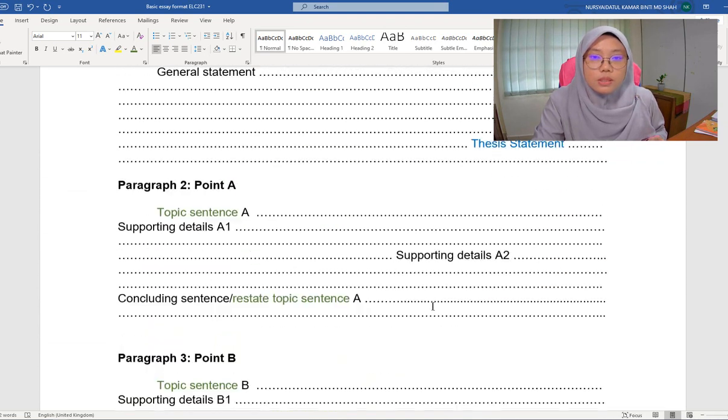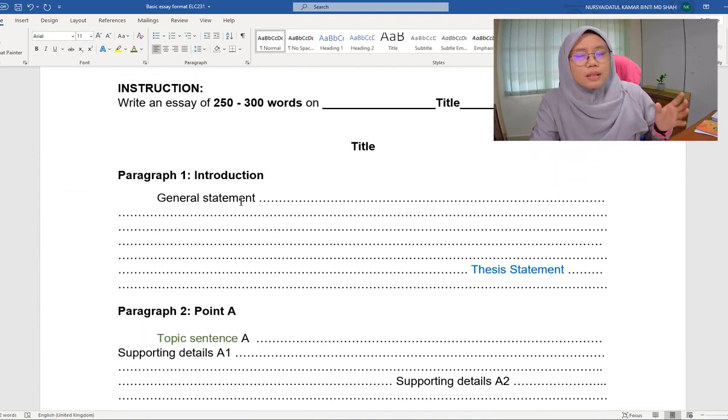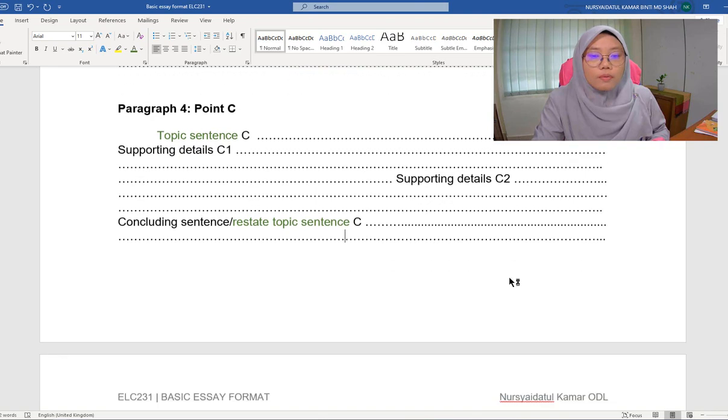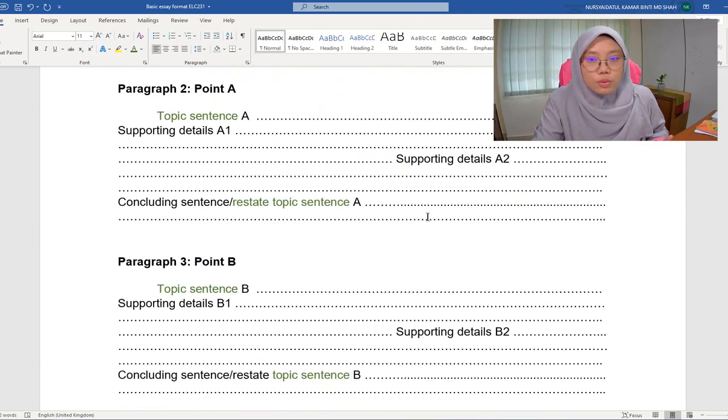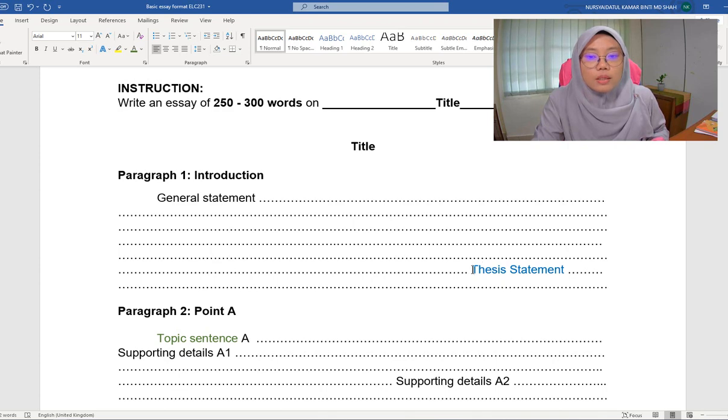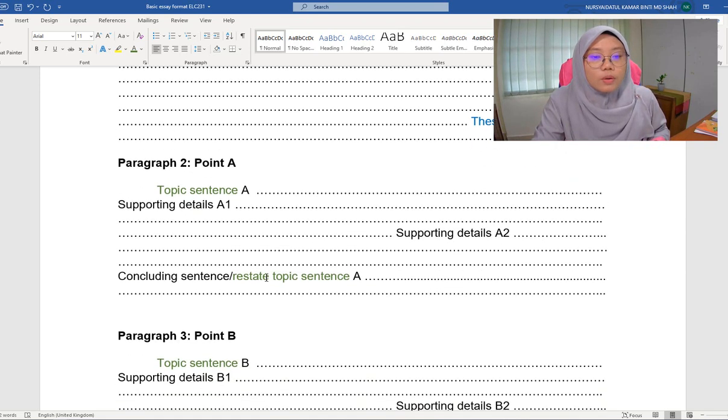Now, if you notice, repetition happens where you write your thesis statement, and then you have to restate the thesis statement. So how to do this? It is not recommended that you use the same words, the same phrase when you restate your thesis statement, or even when you restate your topic sentence here.